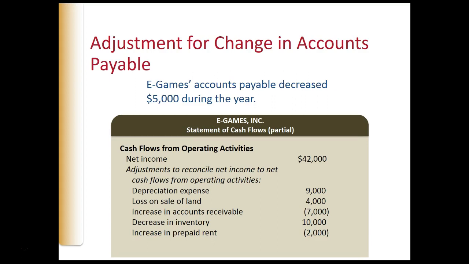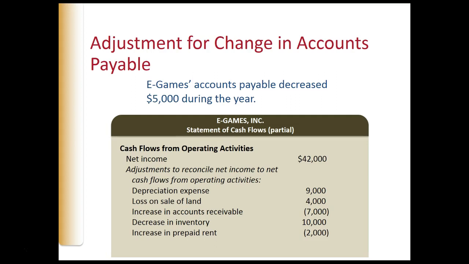Now, eGames' accounts payable decreased $5,000 during the year. The decrease in accounts payable indicates the company paid $5,000 worth of cash to reduce its liability, its accounts payable, but it reported no corresponding expense during the period.